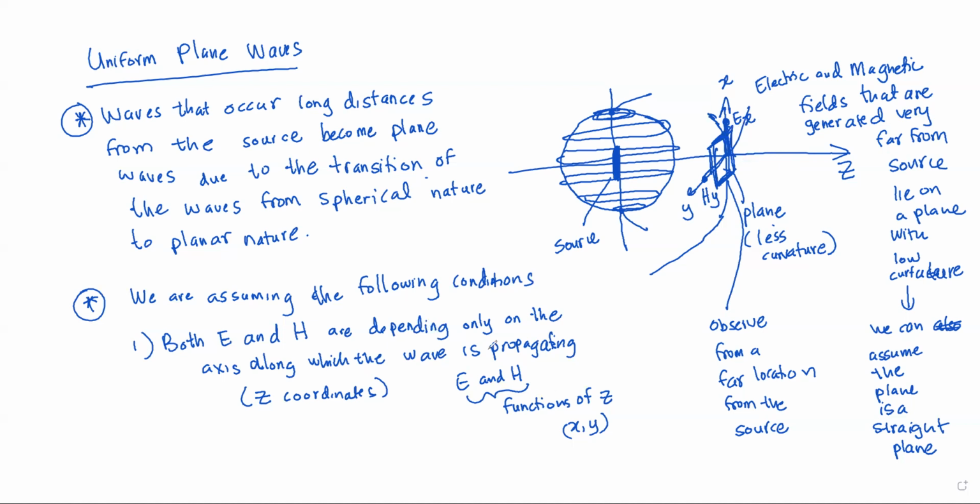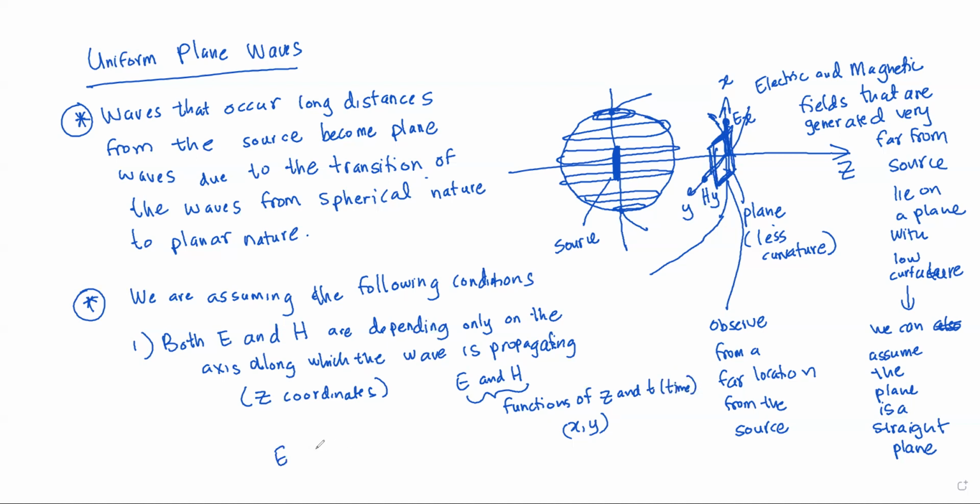The electric field's location, its distance and direction are defined using the Z coordinate and the time coordinate, at which time and at which location this electric field is there. Likewise, we can define the magnetic field's location and time using the coordinate Z and the time parameter T. Therefore, E and H will be functions of Z and T.